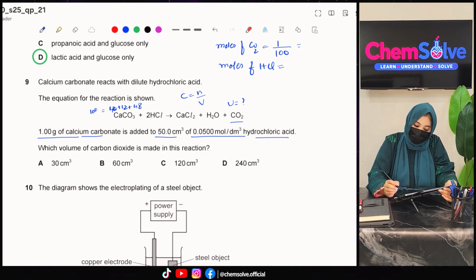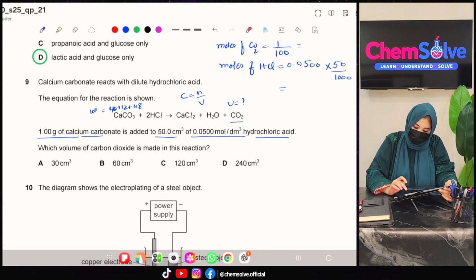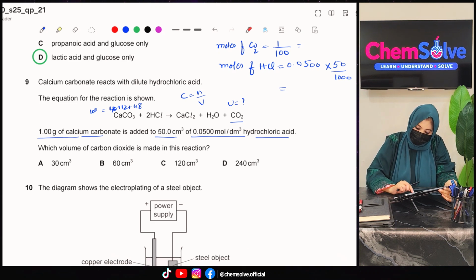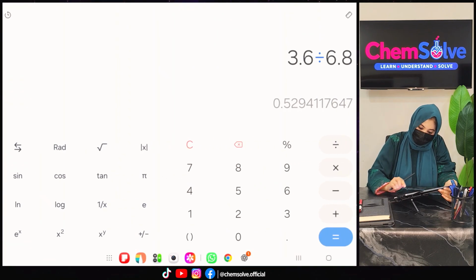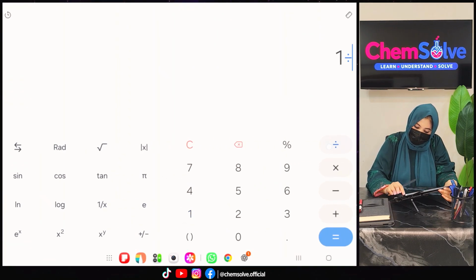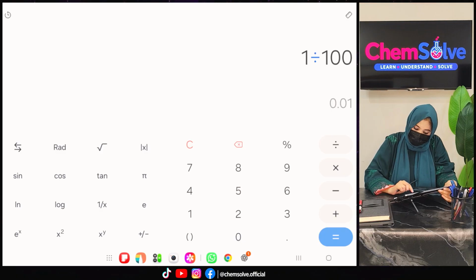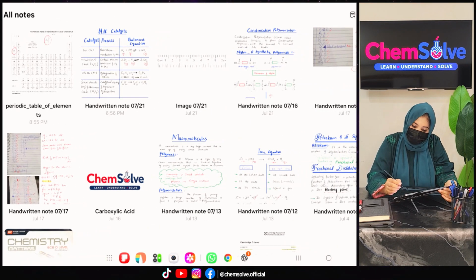So concentration and volume would be multiplied with each other. Concentration is 0.0500 and volume is 50, but we have to convert it into dm cube. So let's find out their moles. For the first one, I have to divide 1 by 100, so it would be 0.01.